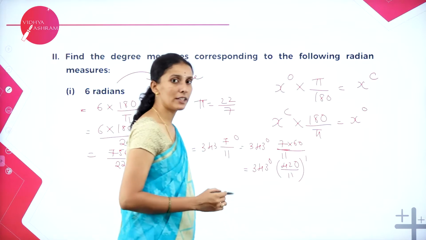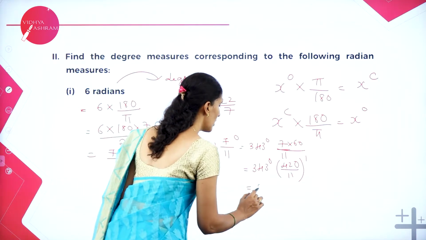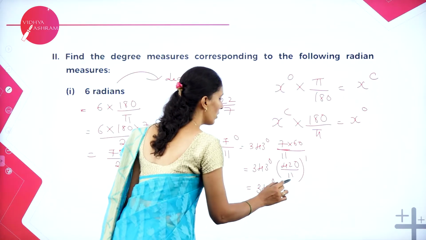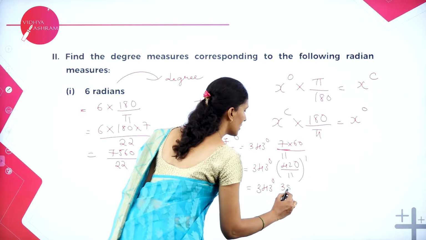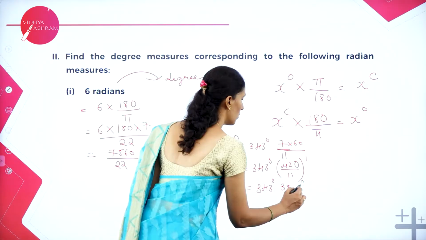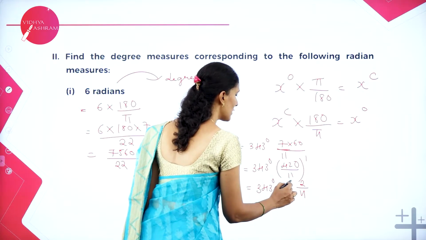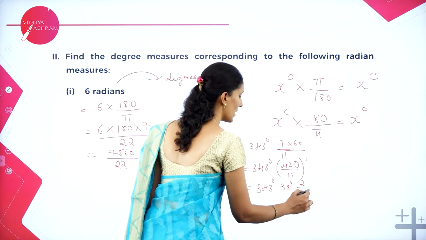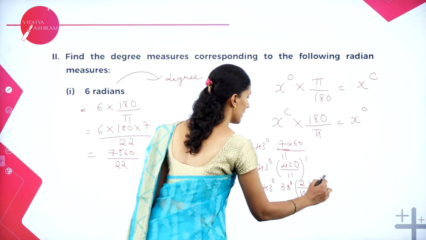Now let us convert this into a mixed fraction again. So this is 343 degree. When you divide this, you will get 38 and 2 by 11. So you can convert this into minutes now. Now let us convert this into seconds. So multiply by 60 again, and this will become seconds.